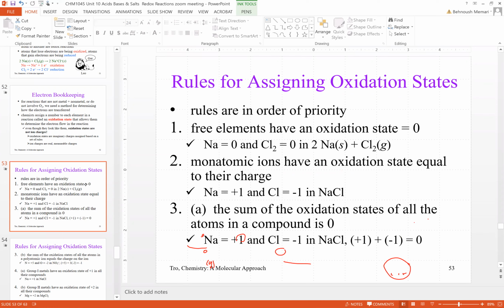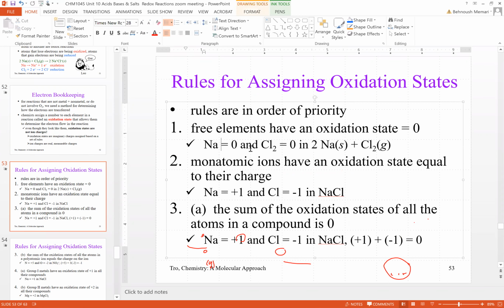Elements in the free state have an oxidation number of 0, just like the example we had for sodium in solid phase, and chlorine in gas phase is going to be 0. For monoatomic ions, the oxidation number equals the charge of the ion. The sum of the oxidation numbers for a compound is equal to 0.